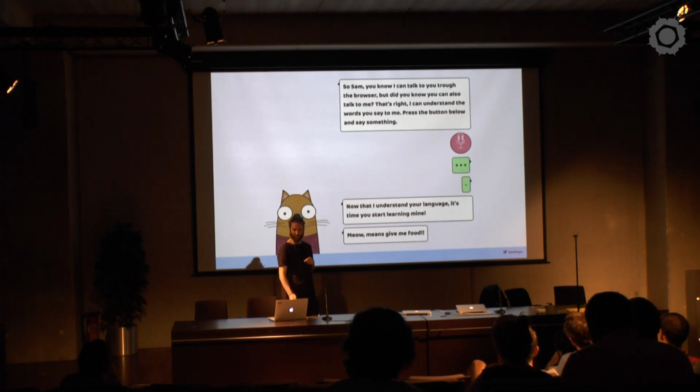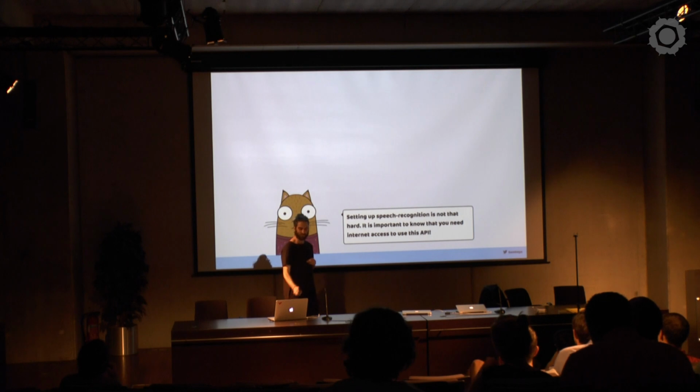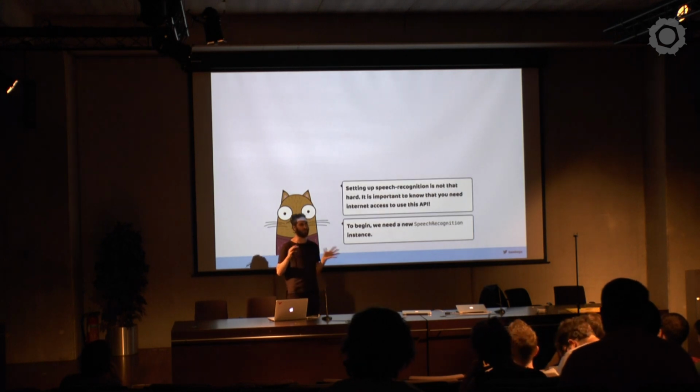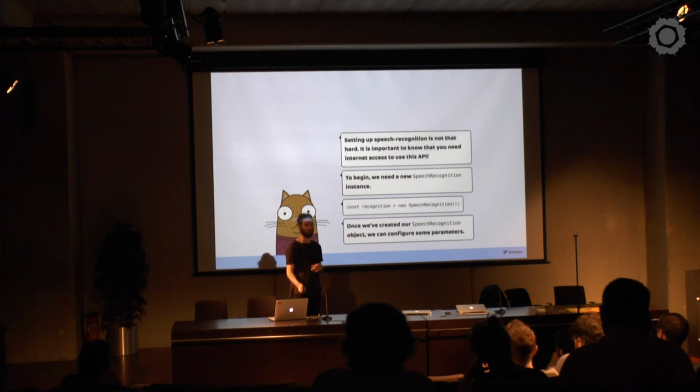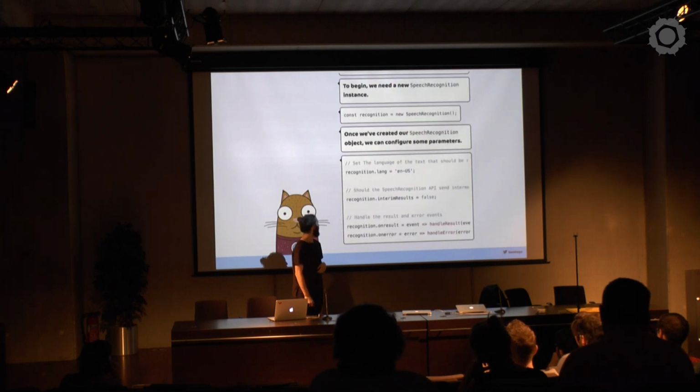So yeah, let's see how it works. Like I said, it does not really happen in the browser. It happens on a Google server, which sends you back the string it thinks that you said. And to start this, we need a speech recognition instance. You create one. And once we have this, we can configure some parameters like the language, English.